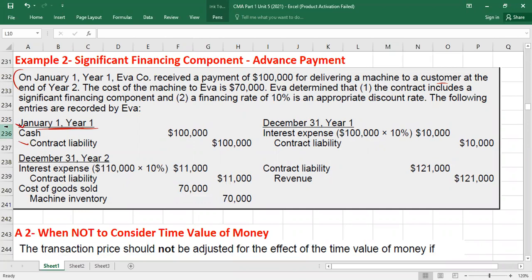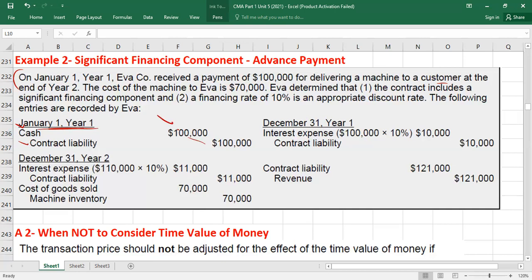I will use the words contract liability, because this payment is conditional: I have to deliver the goods. Whenever there is a condition, we book it as a liability, a contract liability, arising due to that contract. How much money have you received? 100,000. There is no doubt in that.